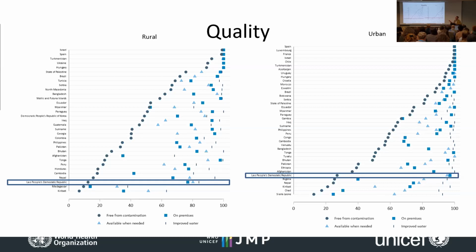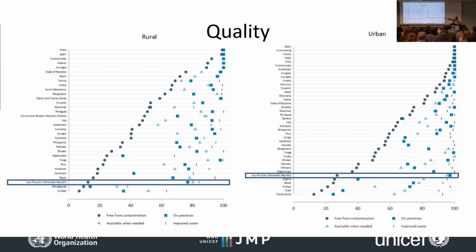So I wanted to zoom in on some of those countries and to show in the circles freedom from contamination, and then the squares are on premises, triangles are available when needed, and then the bar is improved. One thing you can see is, especially in urban areas, you can have a lot of the population with improved water that is totally not meeting the free from contamination, safely managed requirements.